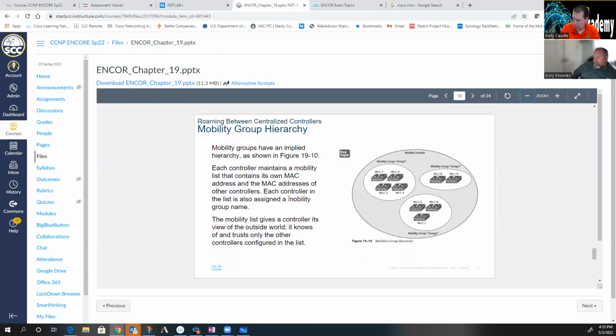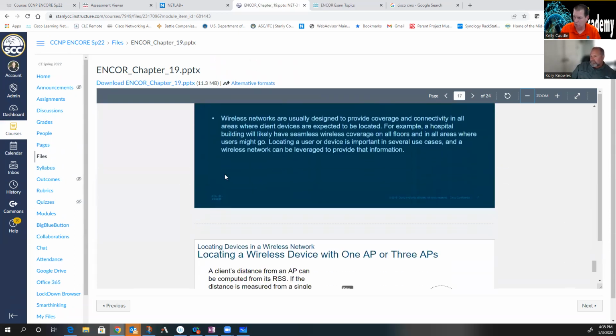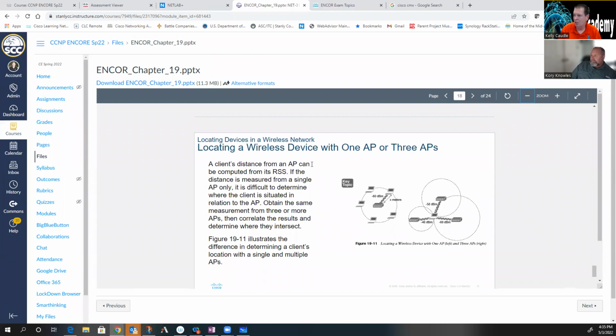Here are your mobility groups. And you can even have mobility domains with up to 3 mobility groups that can all share information, so you can wirelessly roam. You have to have a pretty big campus to need this, but it is possible to do it. And again, your resultant signal strength can be used to determine location. If it's a single AP, it's going to be very difficult to get very close.